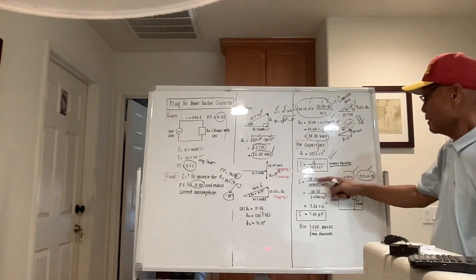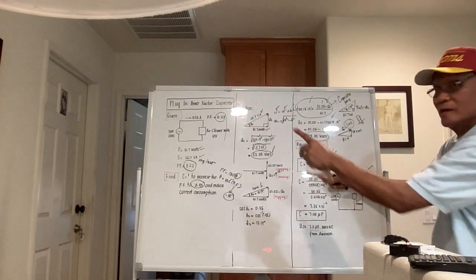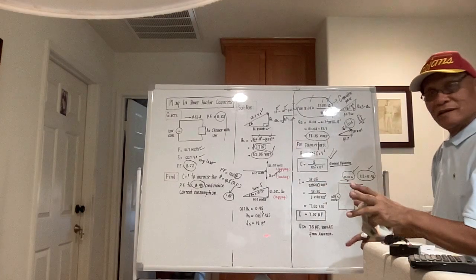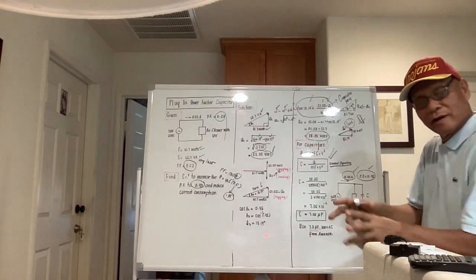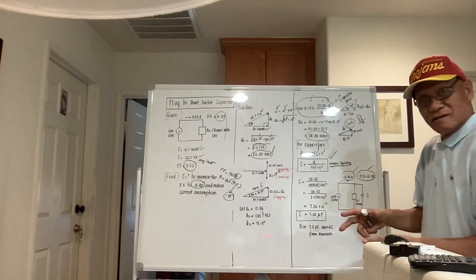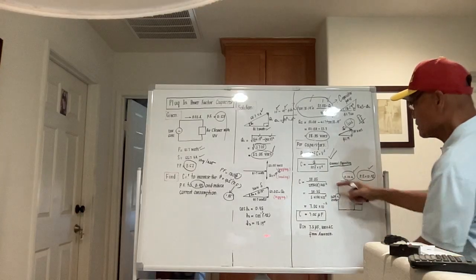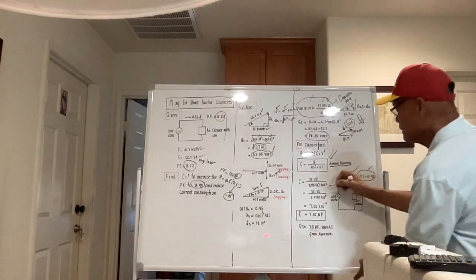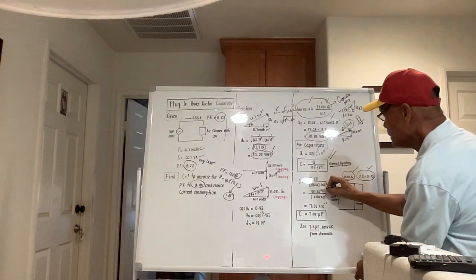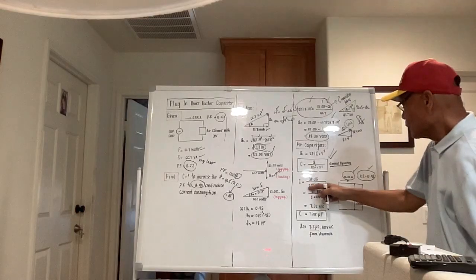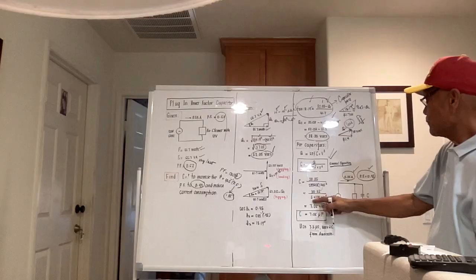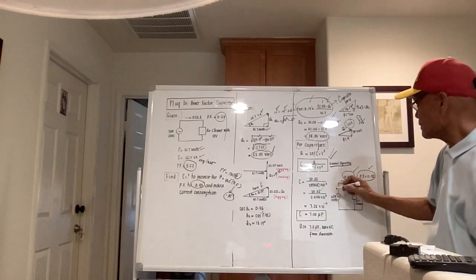38.35, 2 pi f, the frequency of the AC source is 60 Hertz, so this is 60. And the applied voltage, we are here in the USA, the applied voltage is 120, so this is 120 squared. So if we simplify, this will be 38.35 over the product of 2 pi f times 120 squared, which becomes 5.4286 times 10 to the 6.